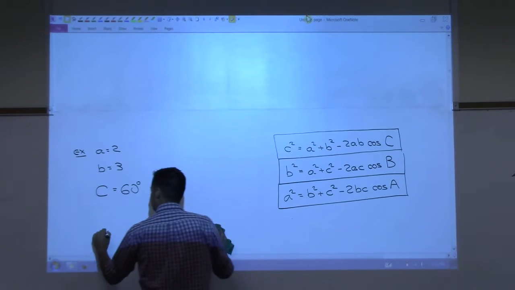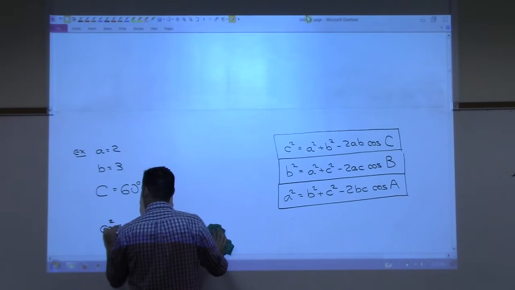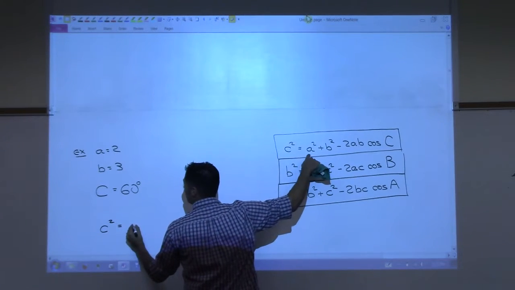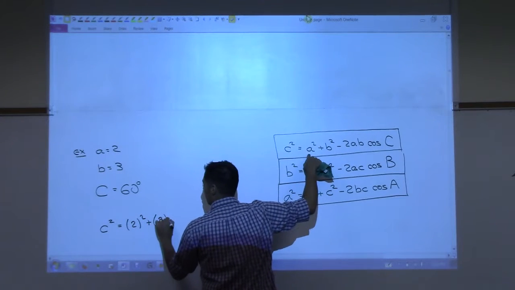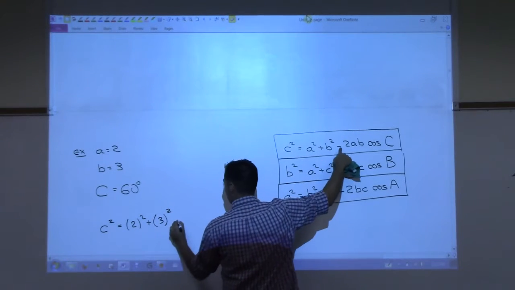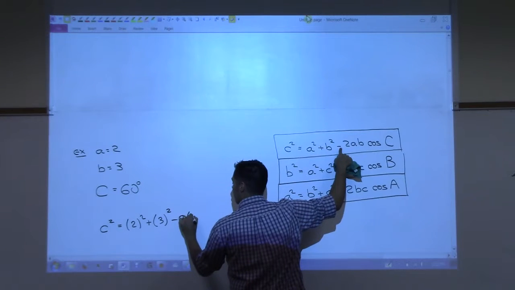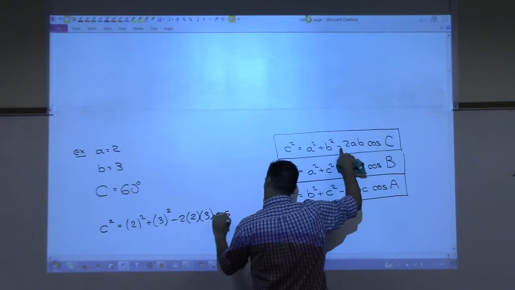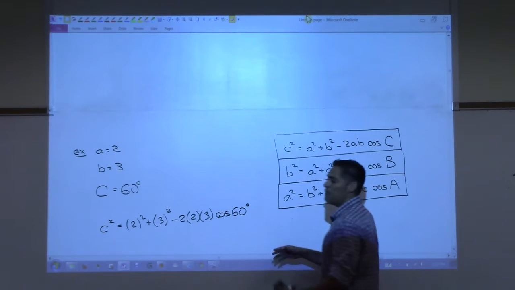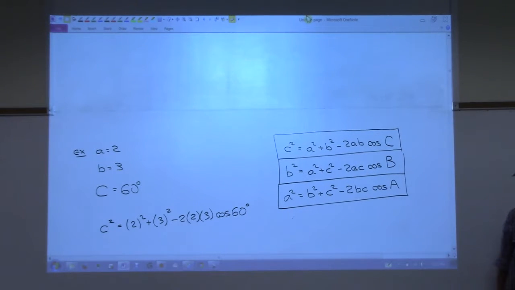Little c squared is equal to a squared, which is 2 squared, plus b squared, which is 3 squared, minus 2 times a, which is 2, times b, which is 3, times cosine of 60 degrees. So that's just me plugging in a, b, and capital C into that formula.